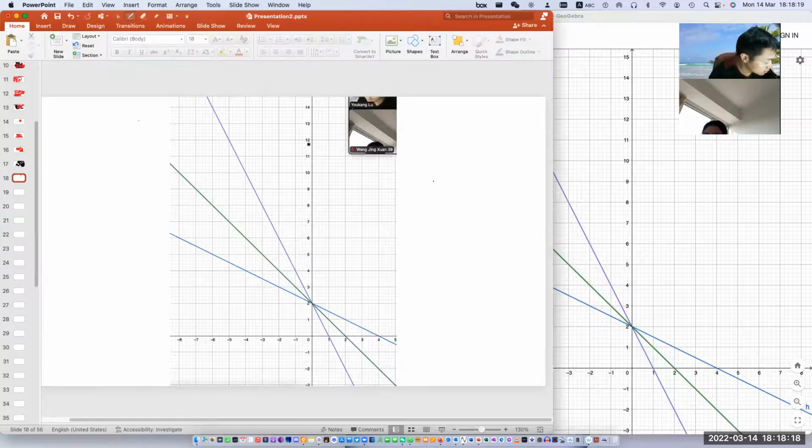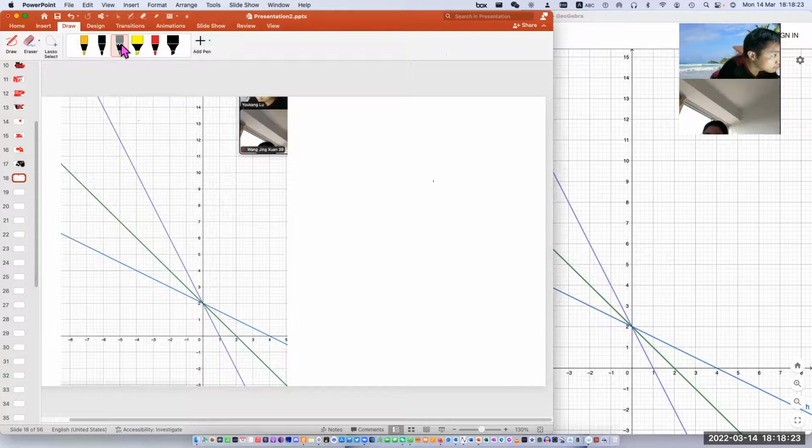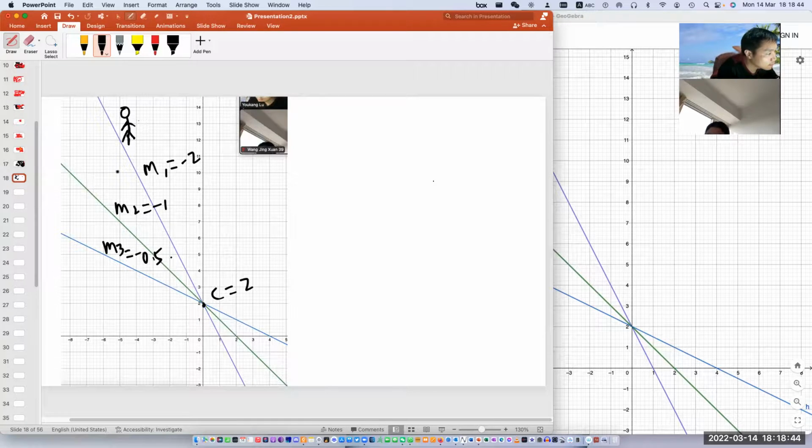Okay, so the y-intercept is all the same. Cut through c equals 2. Yeah, all the same. So this is m1, m2, and m3. So this is -2, this is -1, and this is -0.5. So imagine you are the person on each of the slope.